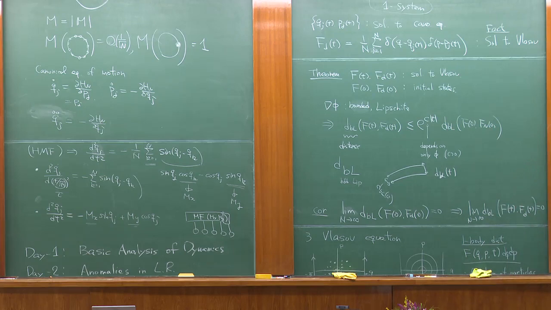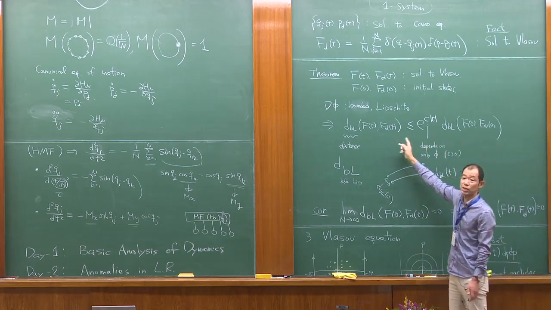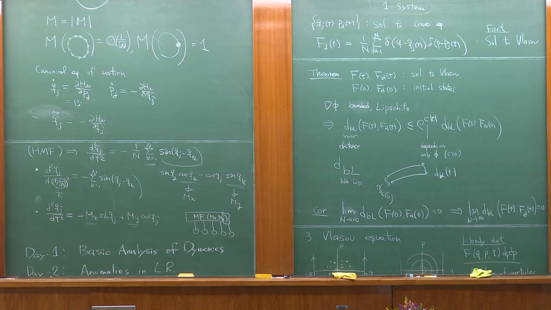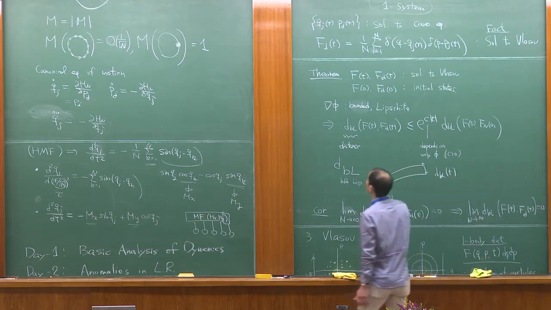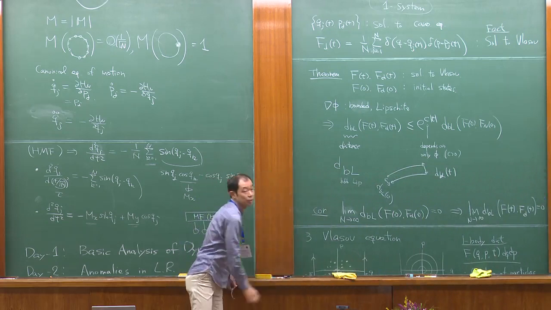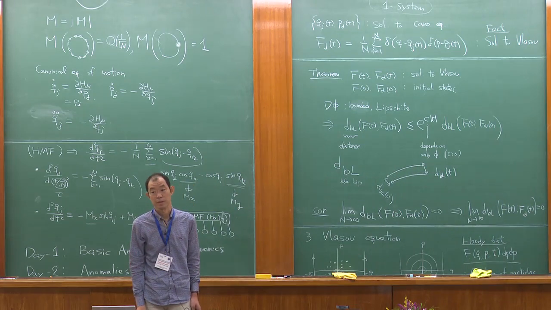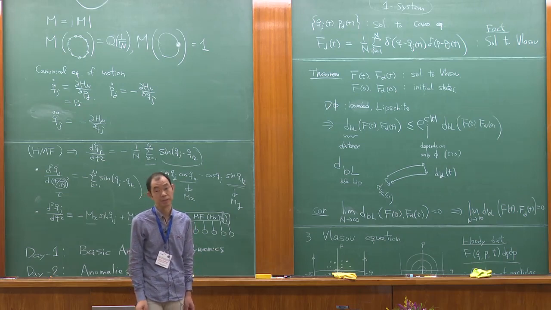Is it clear? Because the initial distance is 0, the distance at time t is always 0. So this is a kind of mathematical justification of the Vlasov equation. You first take the limit n going to infinity, and then the two solutions remain close to one another forever.